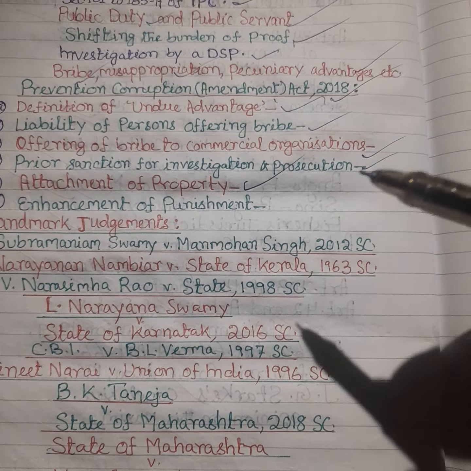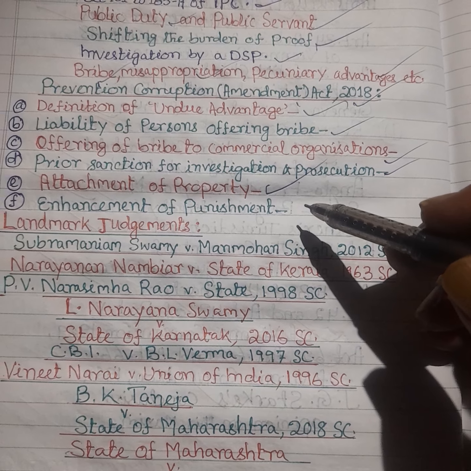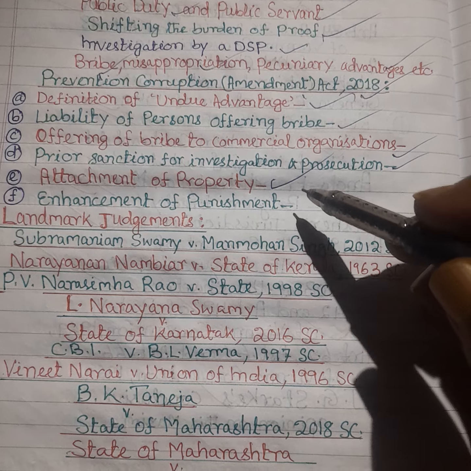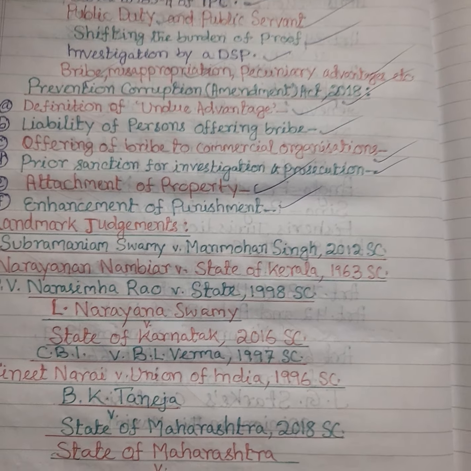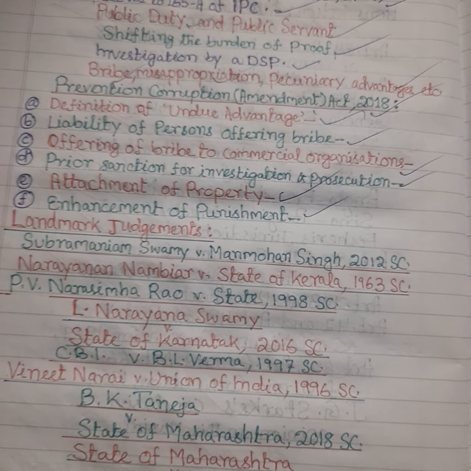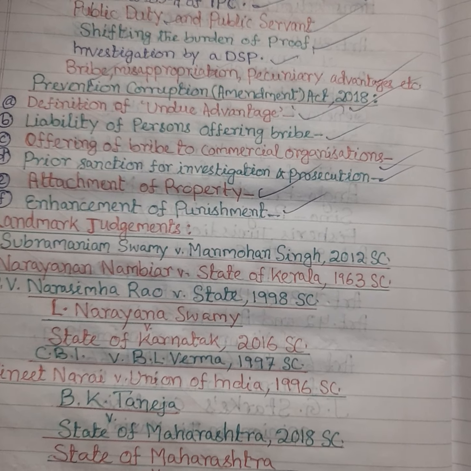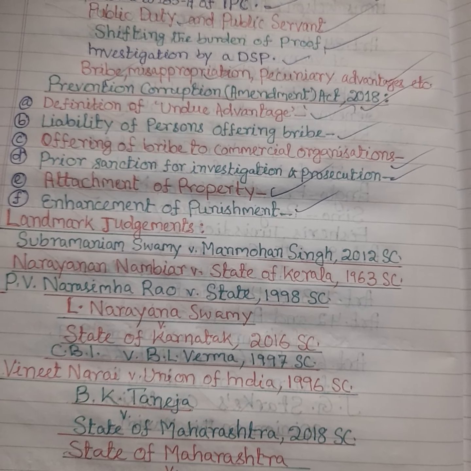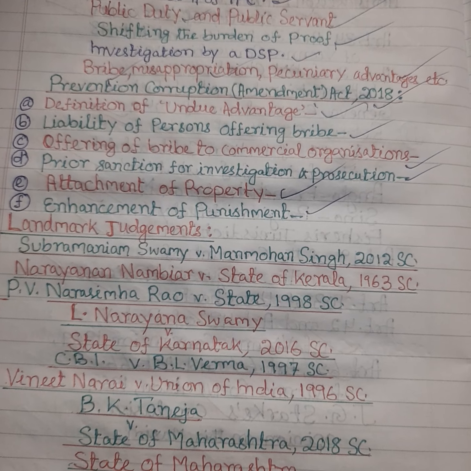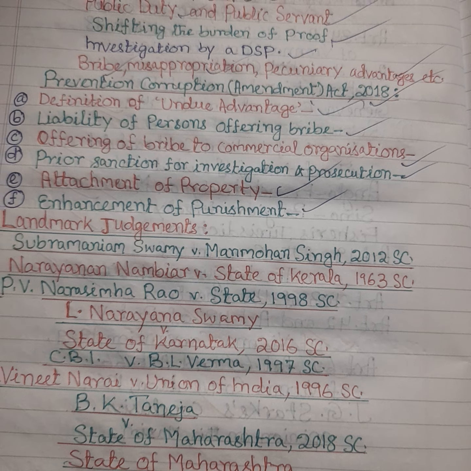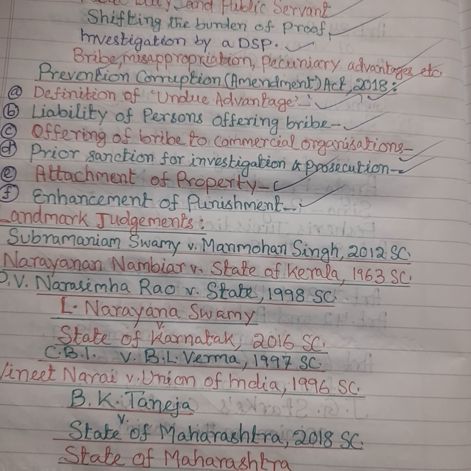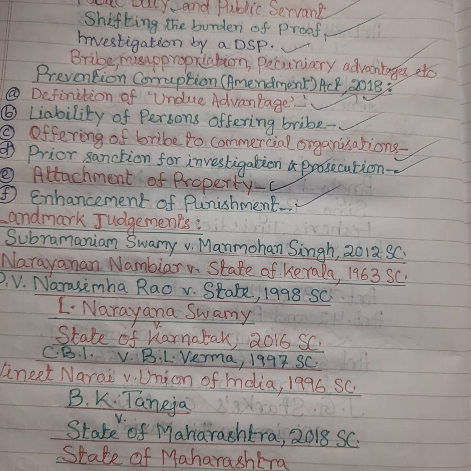The last one inserted under the 2018 Amendment Act is enhancement of punishment. Now punishment has been increased from a minimum imprisonment term of 6 months to 3 years, and from a maximum of 5 years to 7 years.